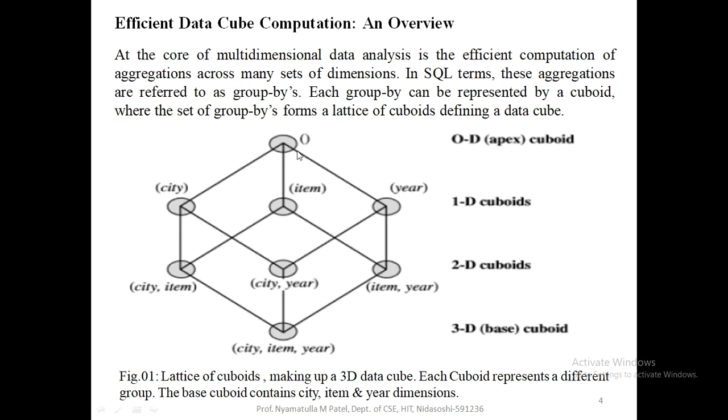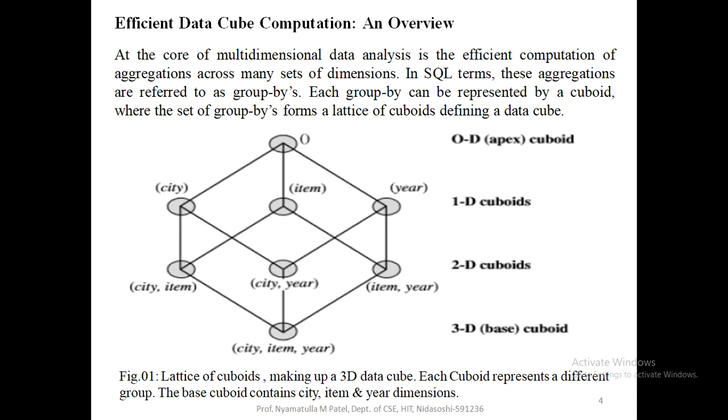Now, this is the apex cuboid, or the 0D cuboid, which refers to the case where the group by is empty. It contains the total sum of all the sales.